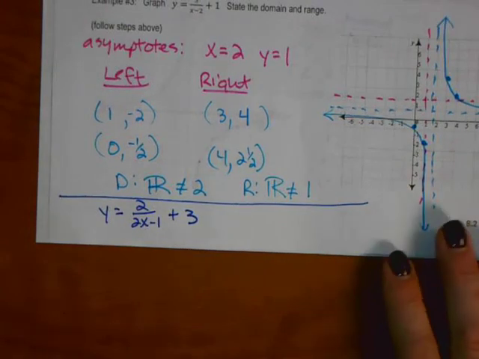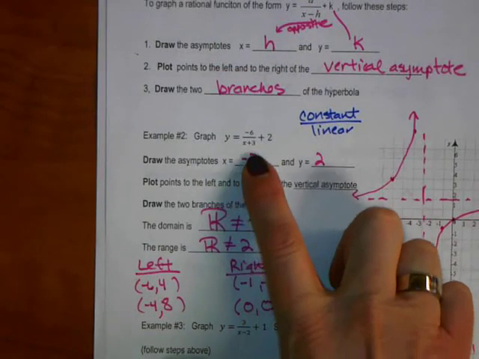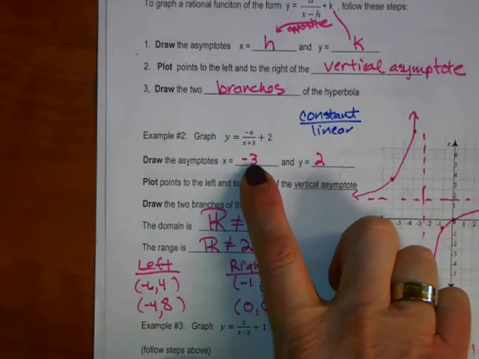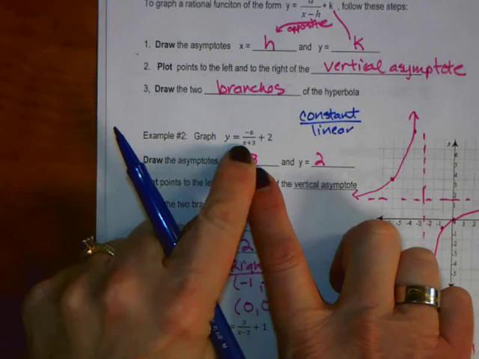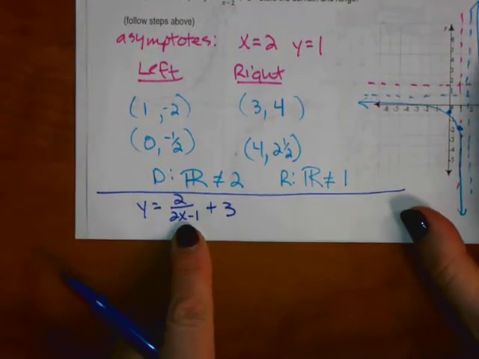Let's talk about this. In the denominator of this function, we said that it had to be -3, right? The vertical asymptote is -3. If I plug in -3 here for x, what do I get in my denominator? 0. So if you get something like this and you have to determine the vertical asymptote, you have to figure out what x would make the denominator 0.